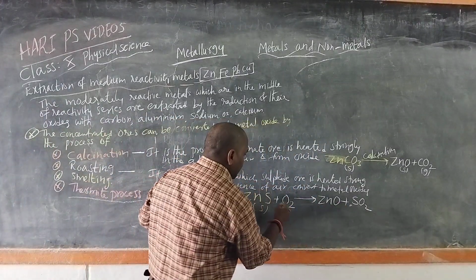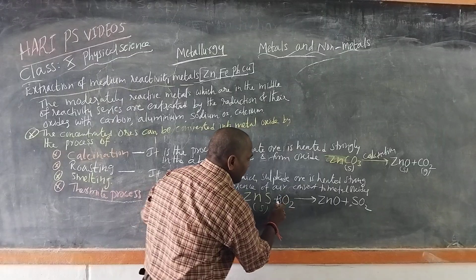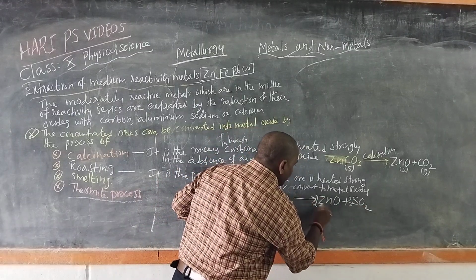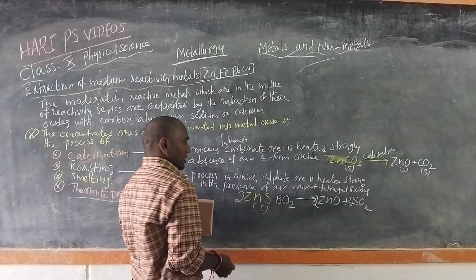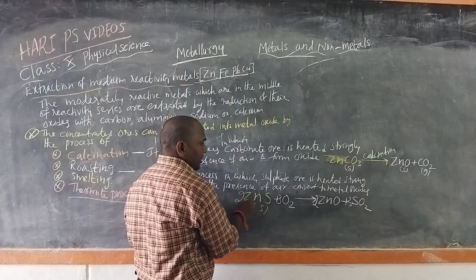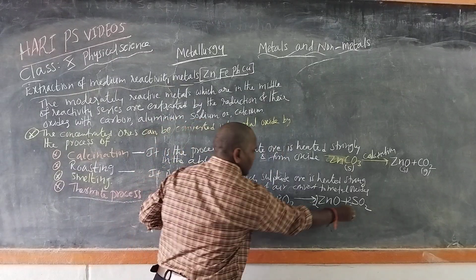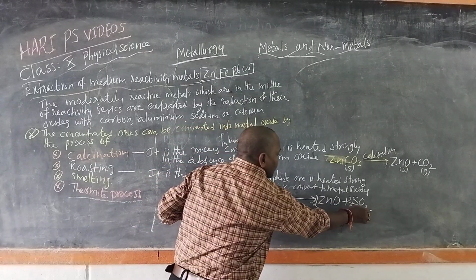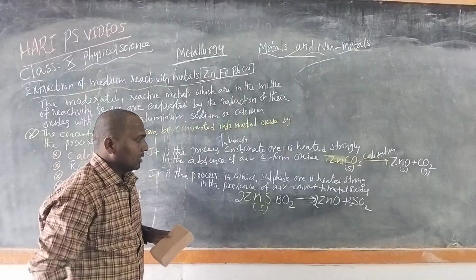So, 3 oxygens here, so we can write 3, 6. Then we can write 2, 4. Again, we can write 2 here. Then 2 here. So, 2 ZnS, 2 zincs, 2 sulfurs, 3 O2 gives 6 oxygens, 2 ZnO plus 2 SO2 gives 2 oxygens plus 4 oxygens, 6.